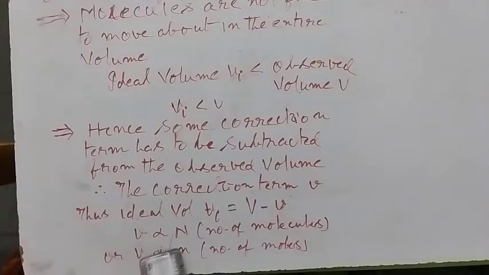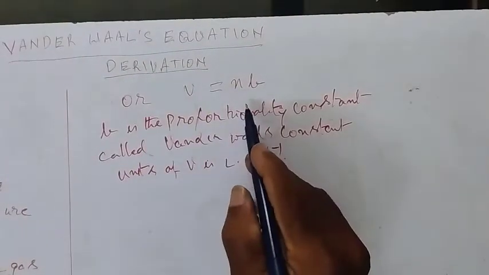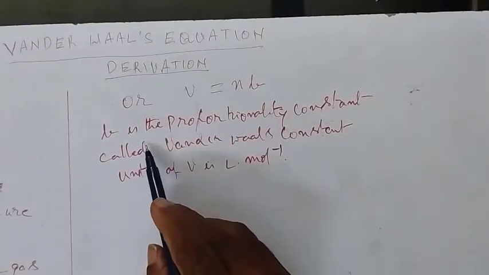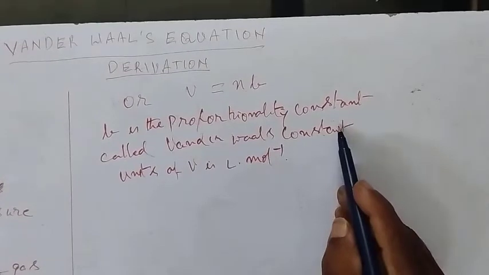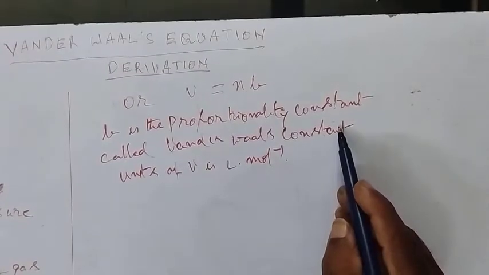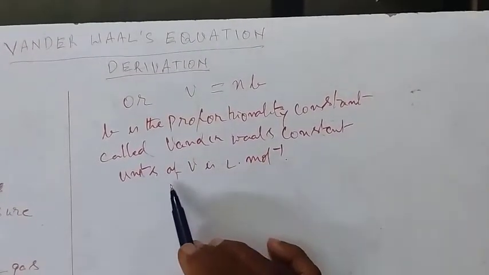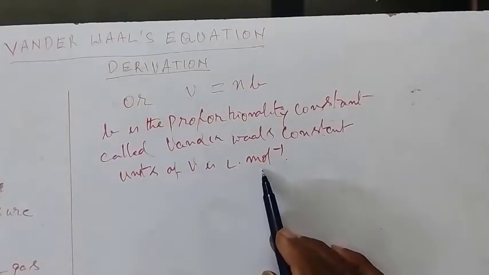So v is proportional to n as per Avogadro's law. The volume occupied by the gas is proportional to the number of molecules. The number of molecules can be converted into number of moles. So v is proportional to number of moles, or v is equal to nb, where b is the proportionality constant known as a Van der Waals constant, and the unit of b is liter per mole.